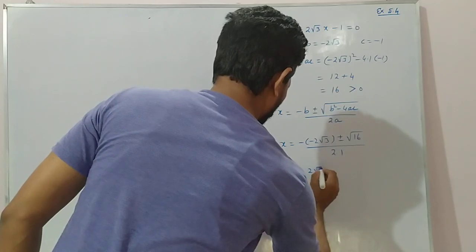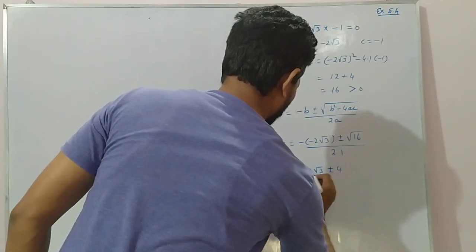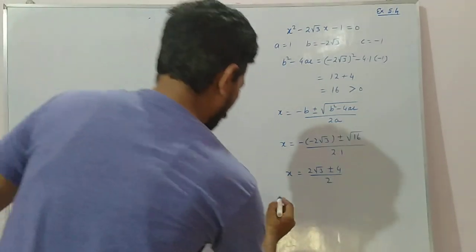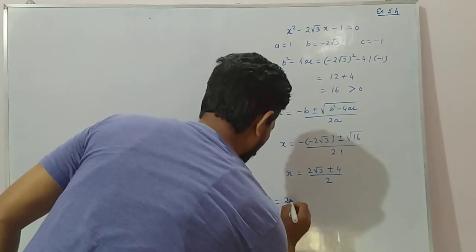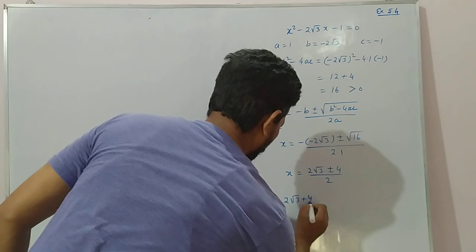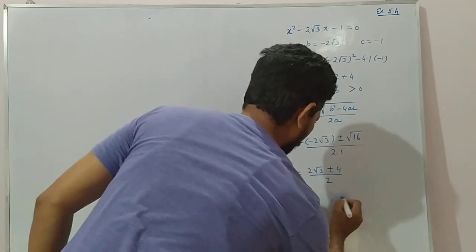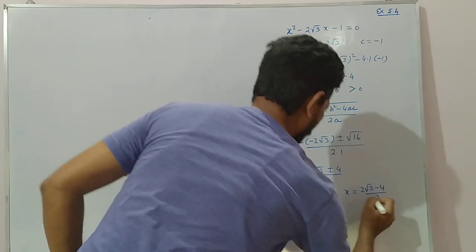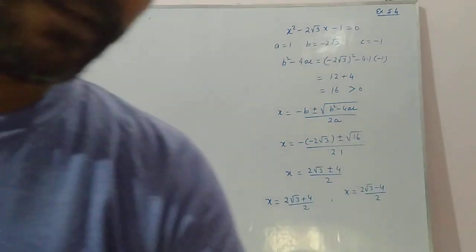X equal to 2 root 3 plus or minus 4 by 2. So you will get two values, x equal to 2 root 3 plus 4 by 2, x equal to 2 root 3 minus 4 by 2.